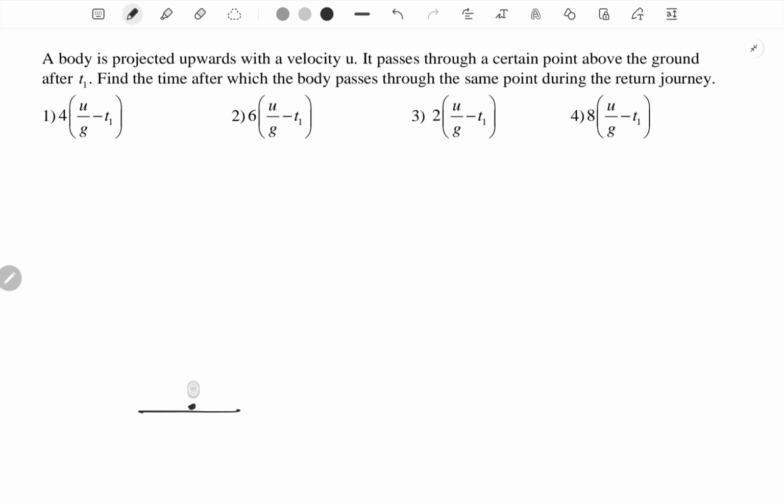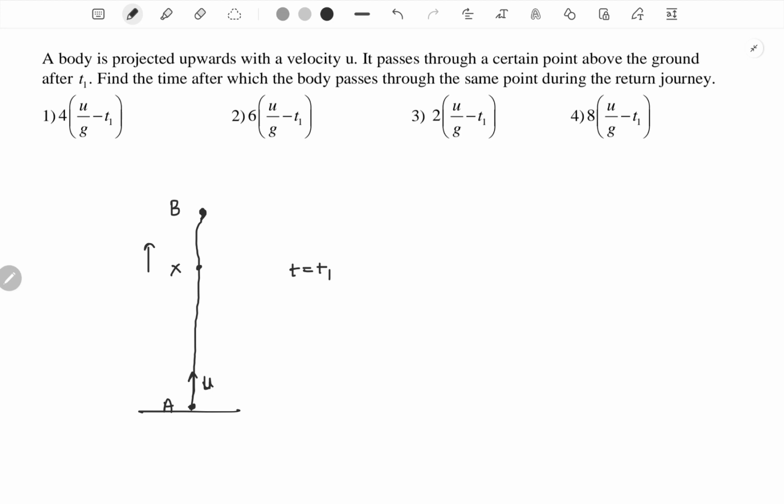Okay. See, here we will use a few simple points. Let's say this is the point from where the body was projected. The speed u goes up and up. So this is the maximum height, this is point B. That unknown point that we have, let's call it point x. So it passes through this at t equal to t1 while it was going up.